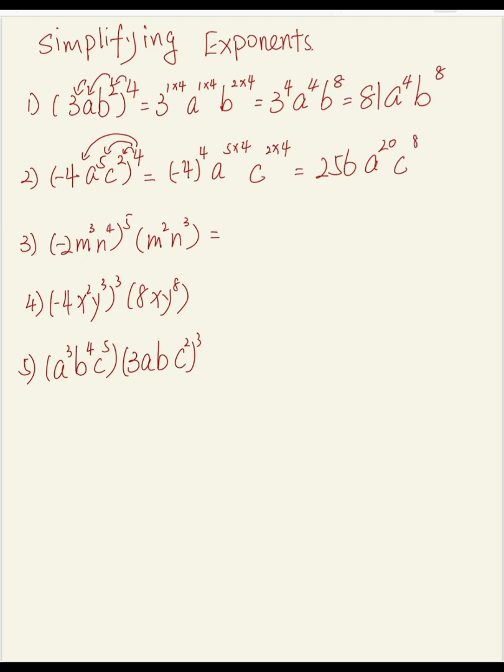And for this part, we have two steps. The first step is we need to solve this 5, and then we can multiply by this part.